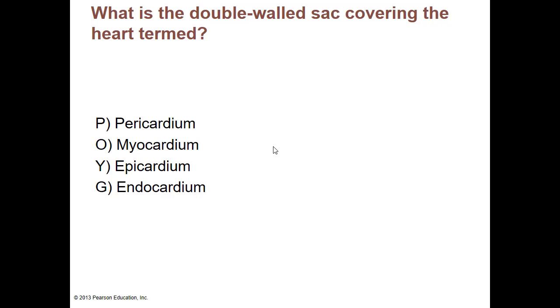The double-walled sac that covers the heart is the pericardium. Peri means it goes around. This is the covering that goes around the outside of the heart. The epicardium is the layer that's attached directly on the heart.